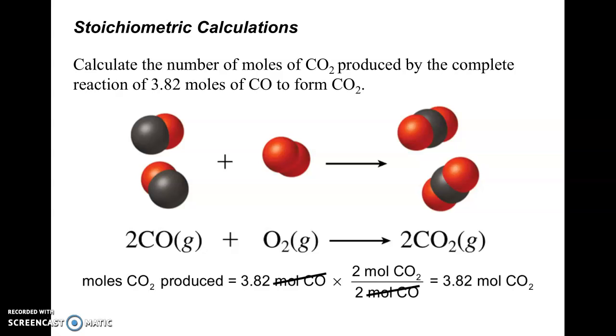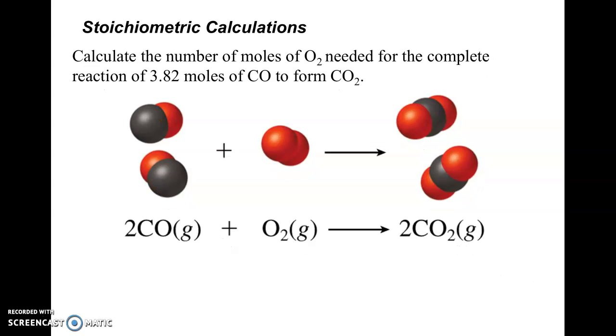So if we have 3.82 moles of CO and we multiply it by that stoichiometric ratio using those coefficients in the balanced equation, we see that we would get an equivalent number of moles because 2 divided by 2 is 1. So we've got 3.82 moles of CO2.